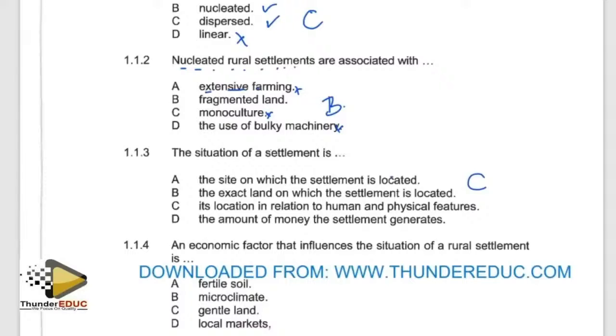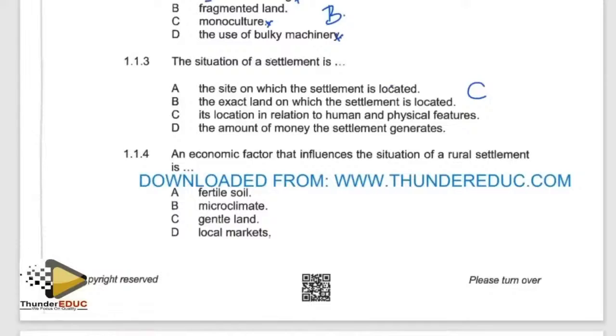That means you're looking at the economic factor that influences the situation of a rural settlement. Of these options, which one is an economic factor? Fertile soil, microclimate, gentle slope, and local market. The answer is going to be D, because this is physical, this is physical, this is physical. This is now economic.